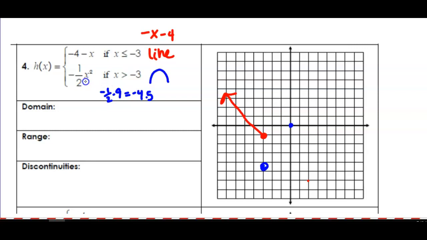This is a parabola, so I'm going to keep putting some values in. If I put a -2 in, it would become 4. Half of that would be -2. So -2, -2 is a point. -3, -4.5 was a point. If I put in -1, I'm going to get +1. Half of that would be -0.5.